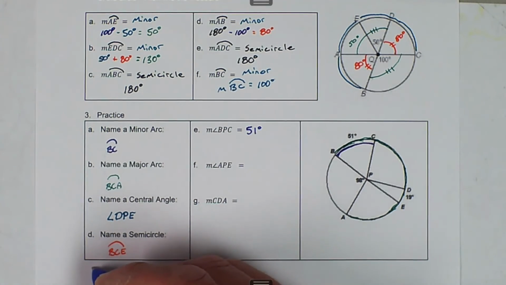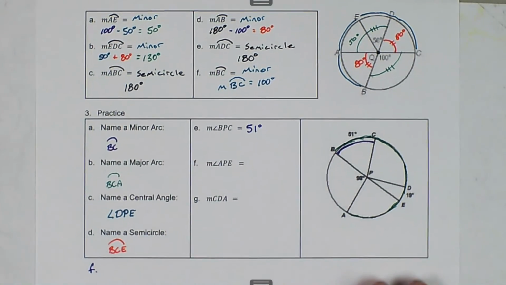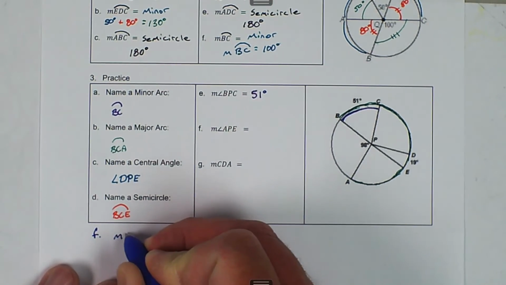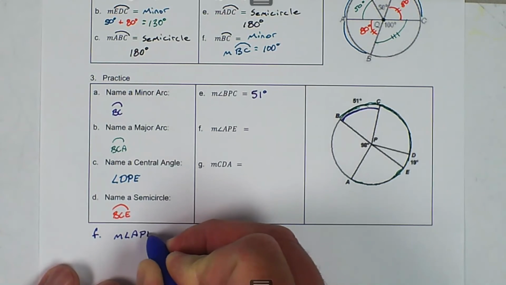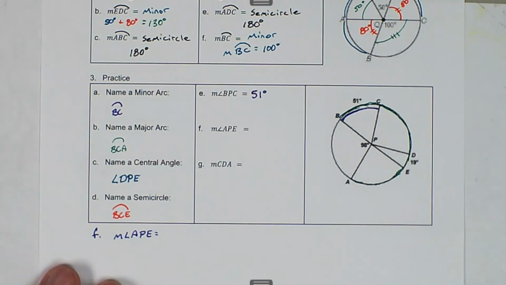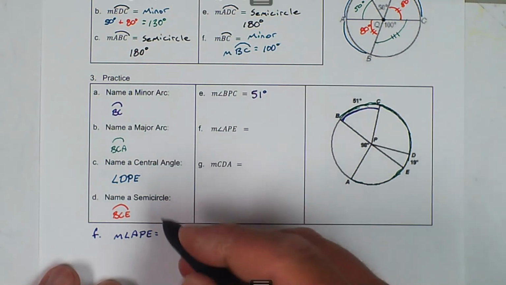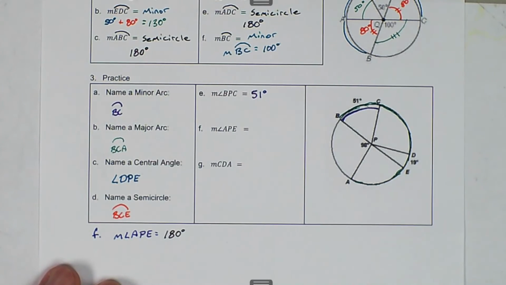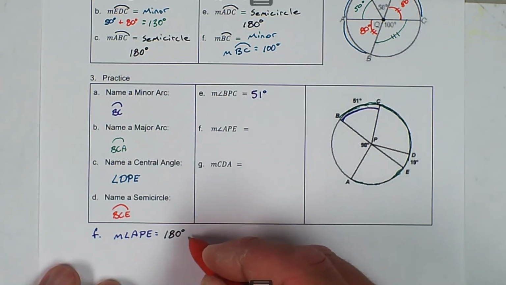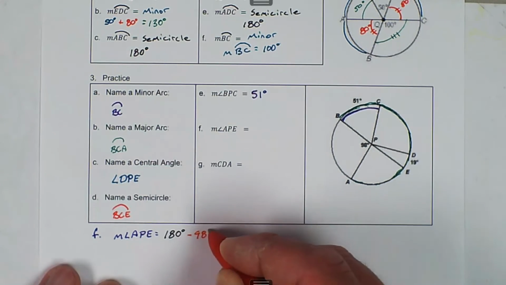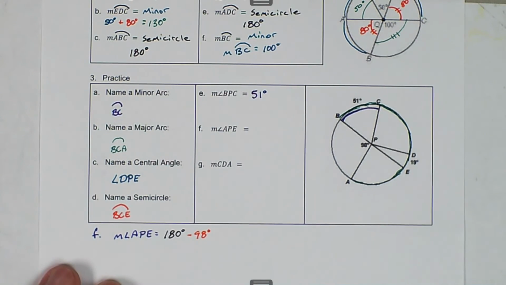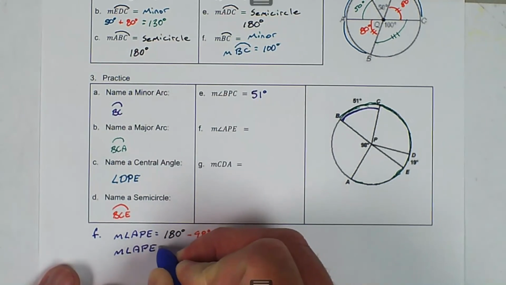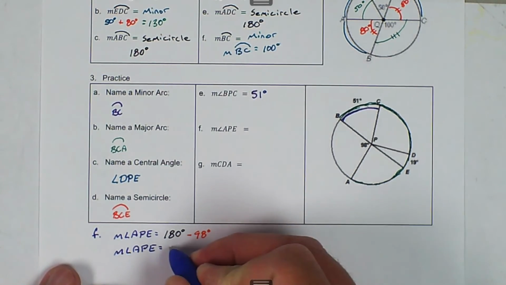So for our F calculation, we can say the measure of angle APE is equal to 180 degrees. That is the measurement of a semicircle. And then we can say minus 98 degrees because that's what's given there. And so we get the measure of angle APE is equal to 82 degrees.